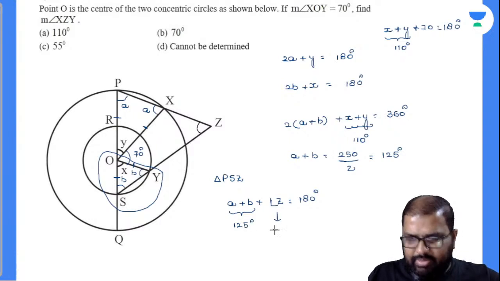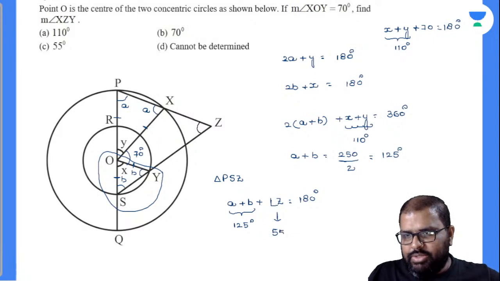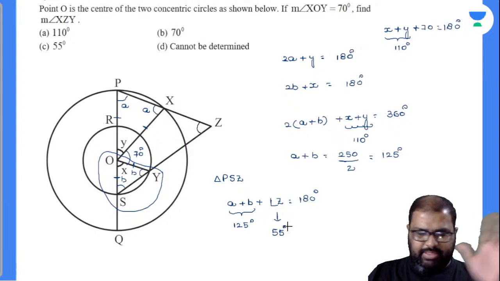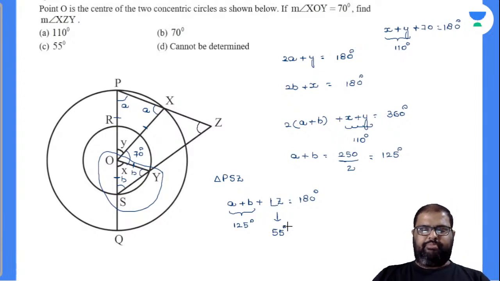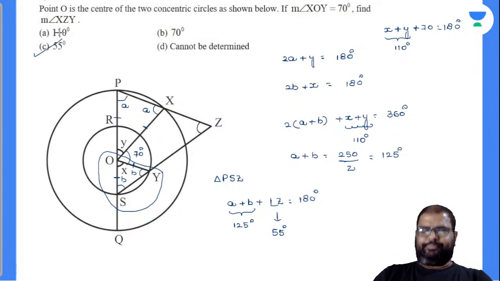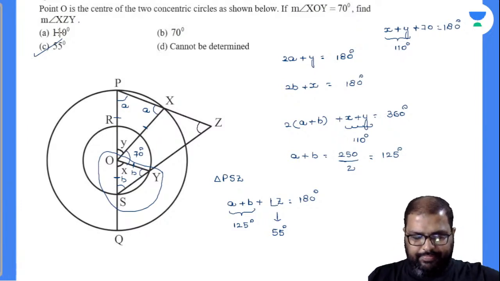Angle Z value will be 55 degrees. So your procedure is right. Somewhere you have missed out. So observe where you have missed it. Automatically you can solve the question easily, right? So option number C, perfectly done. Hope I'm clear regarding this. Done. Go for the next one.